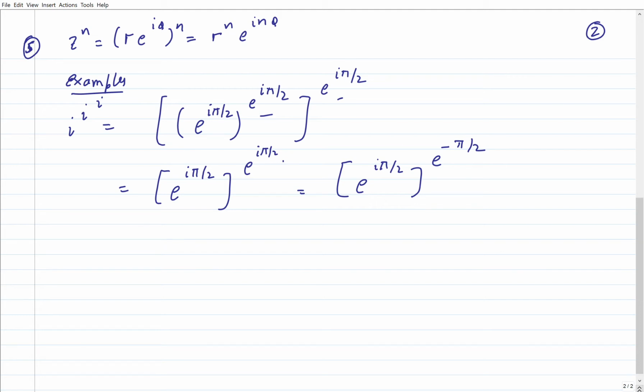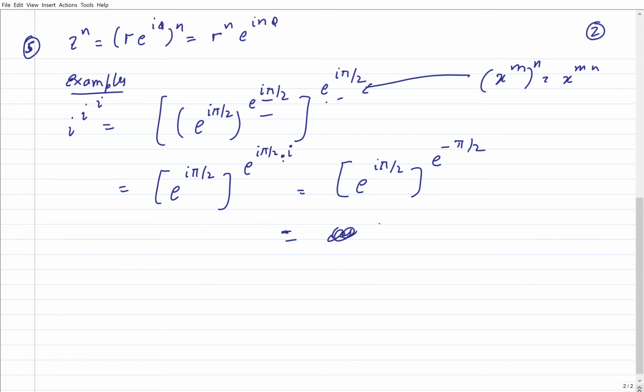Sorry, this should be iota over here. So what do we have? I'm just evaluating this exponent times this guy. So x to the m, n becomes x to the m n. This is what we've done over here. And this I can evaluate as cosine again.